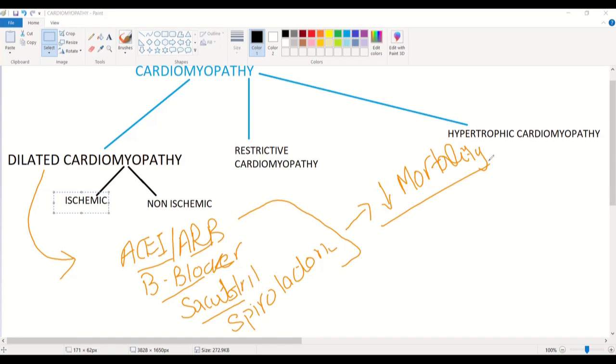What is next if the patient is not treated with these? We also give an ICD plus a biventricular pacemaker.